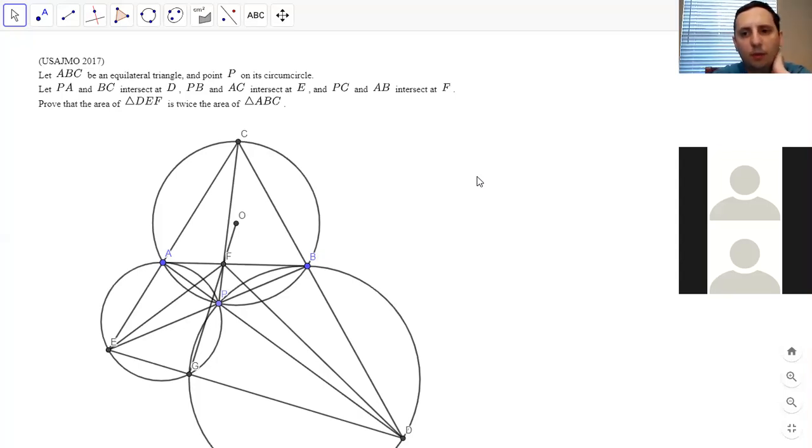So we also have OF times OG is OA squared. Oh, by the theory of pole and polar, because ED is the polar of F. That's true.